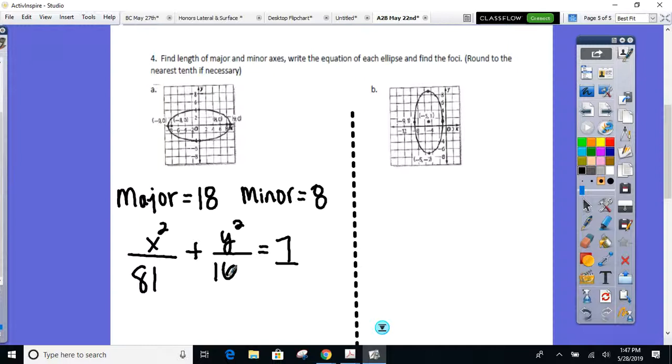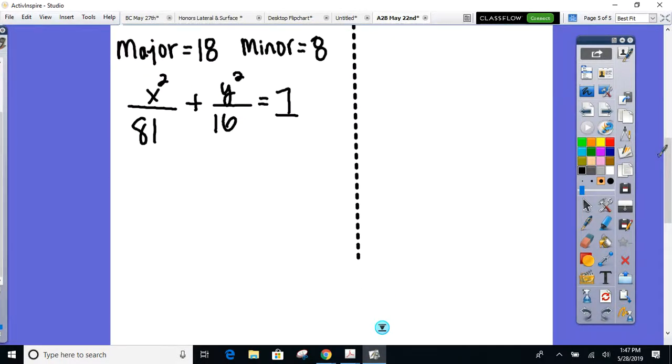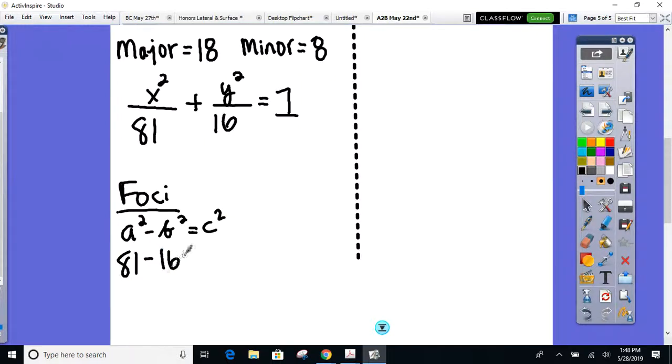And then find the foci now. A squared minus B squared equals C squared. So 81 minus, don't square them, they're already squared. 81 minus 16 equals C squared.